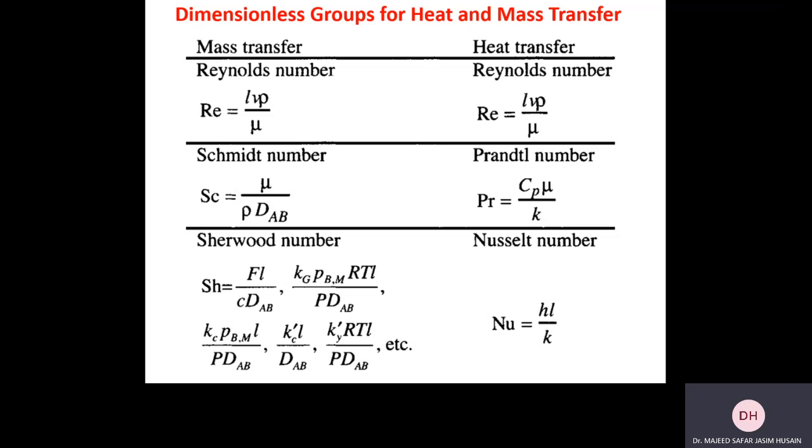The Sherwood number is defined, as you can see, in a few equations, but all of them have what we call the mass transfer coefficient. And from the previous two lectures, we said it can be F, it can be Kg, it can be Kc, it can be Kc prime, it can be Ky prime, depending on the situation. We already had two lectures speaking about unimolecular diffusion and equimolar counter diffusion. So based on that, we have a few definitions for the mass transfer coefficient.